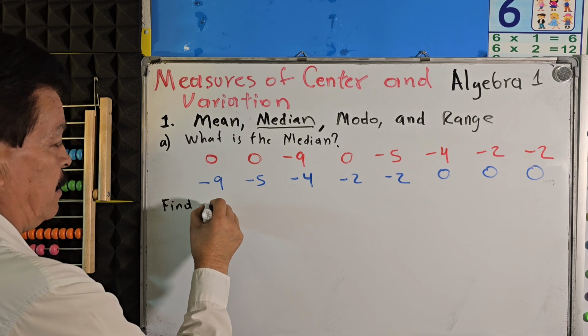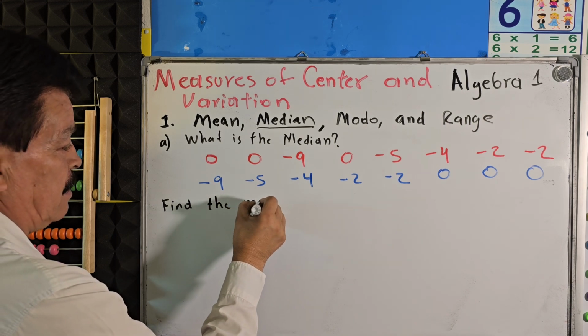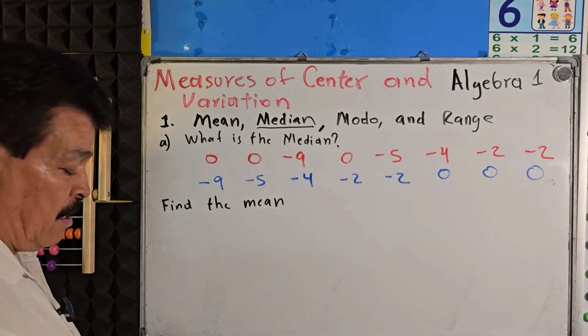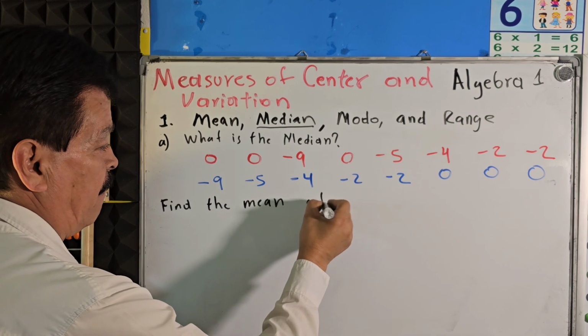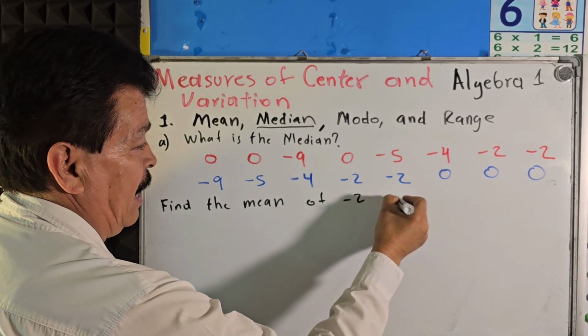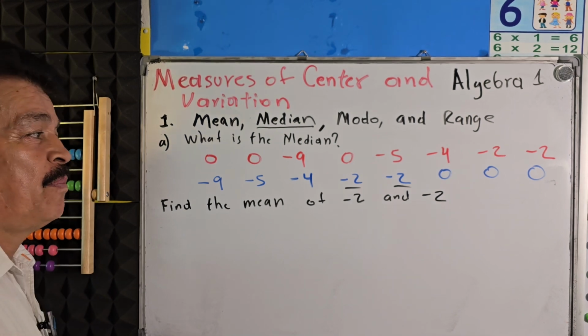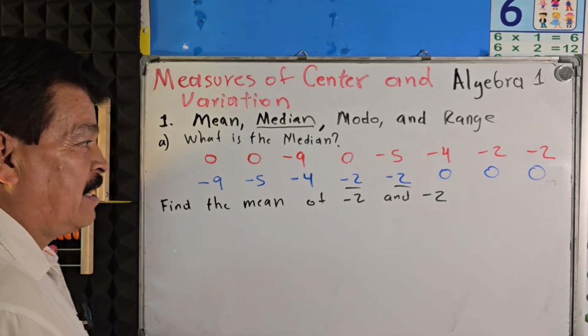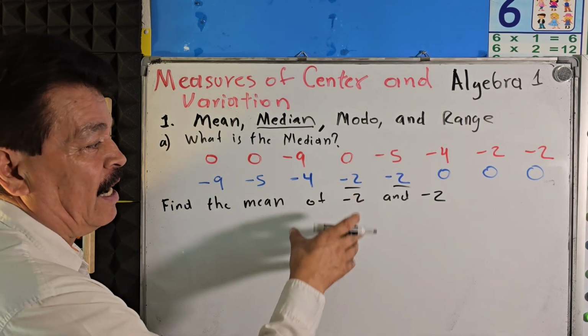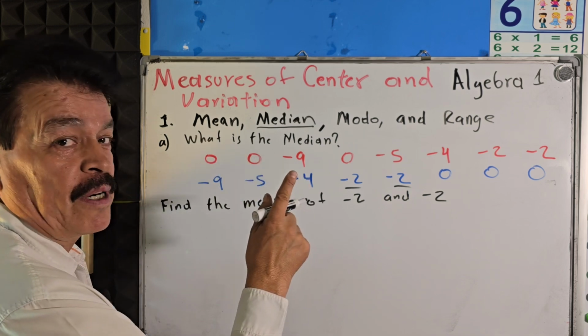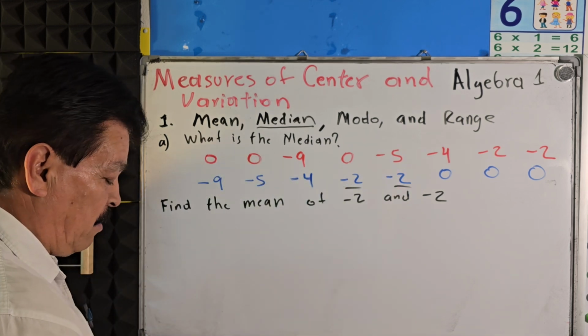All right, I will write it. Find the mean of -2 and -2, because these are the numbers in the middle. We don't have one number in the middle, so it's two numbers in the middle.